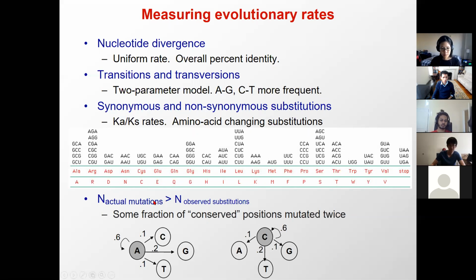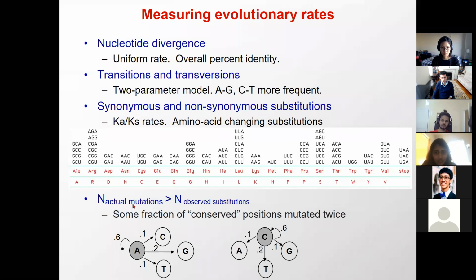Okay, so the next challenge is that the number of actual mutations that occurred is always greater than the number of observed substitutions that we see in the alignment.